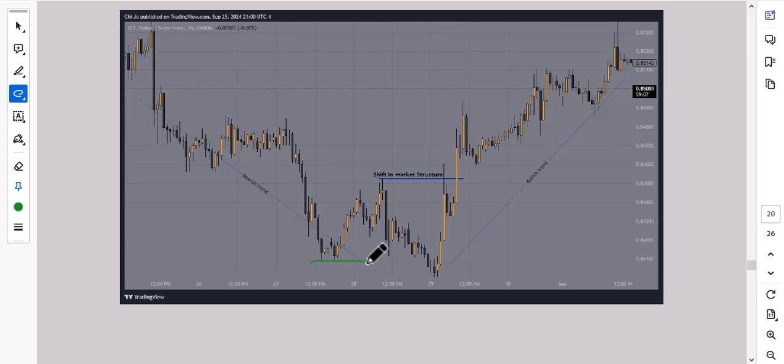Price cleared this liquidity here. Immediately price cleared this low, what happened? It went up, rejected, retraced again, now broke this short-term high. Immediately it broke the short-term high, what happened? It changed markets. There was a shift in market structure. So when it broke this short-term high, there was a shift in market structure.